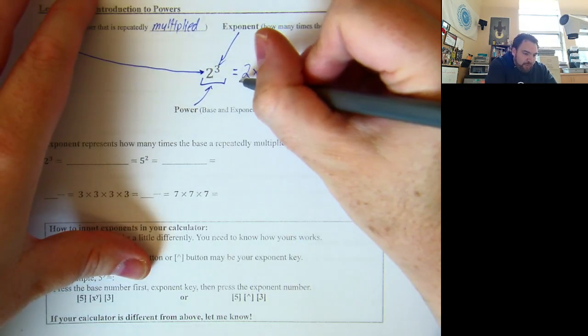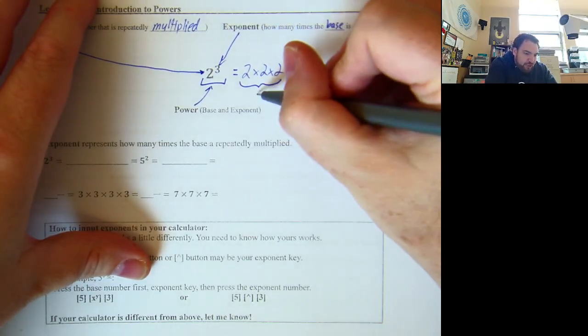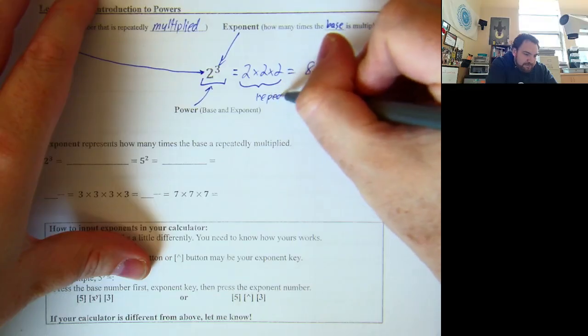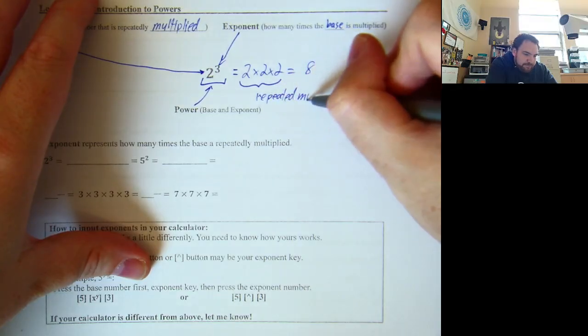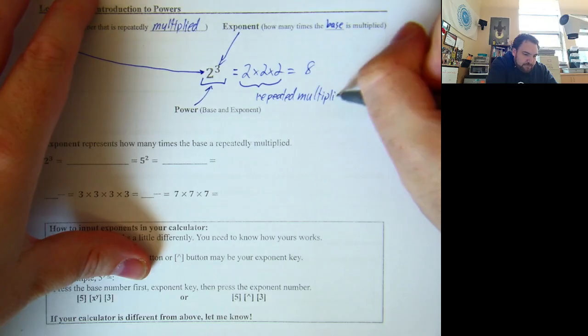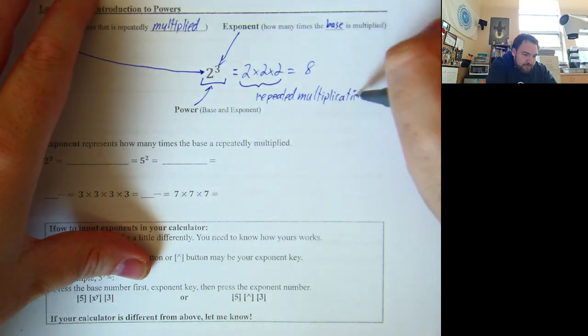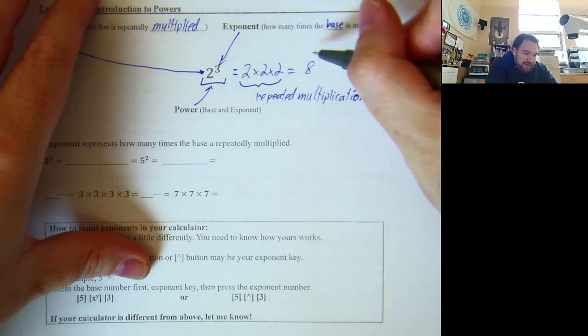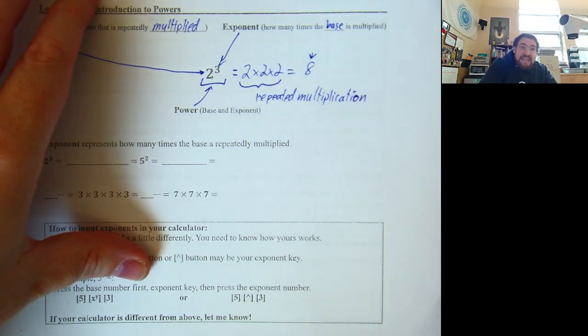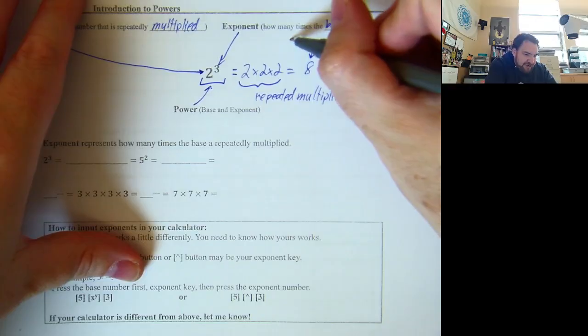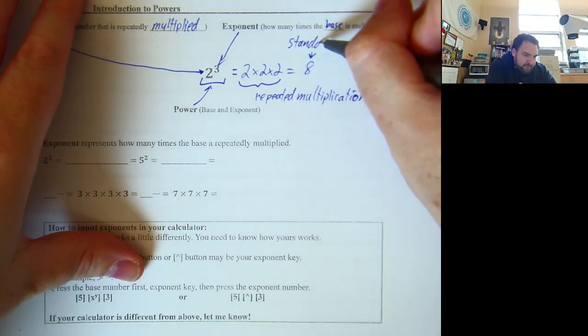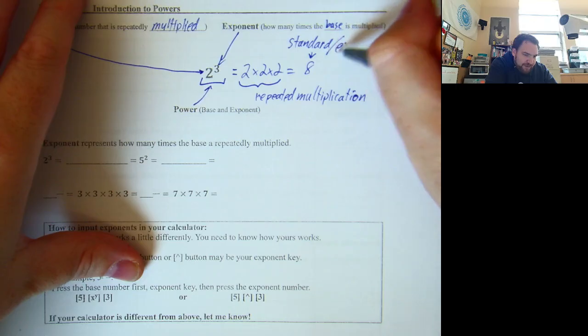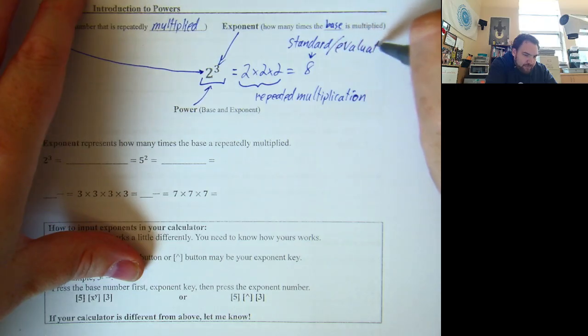This form right here is called repeated multiplication. And this guy right here, the 8, is standard or evaluated form.